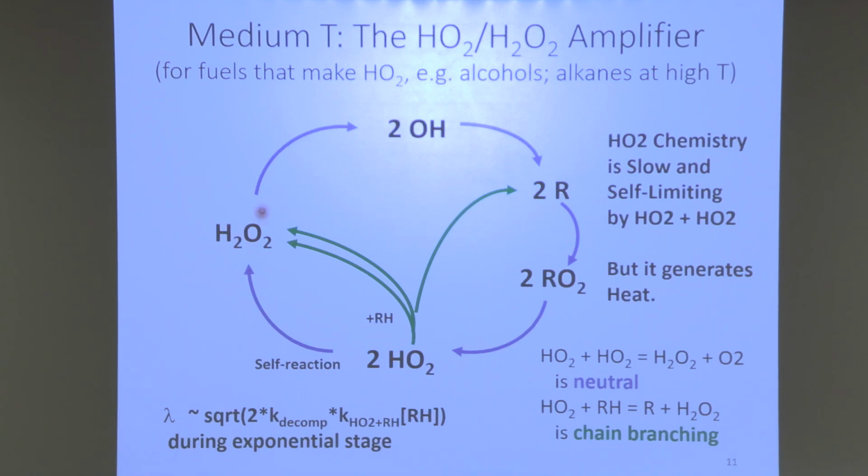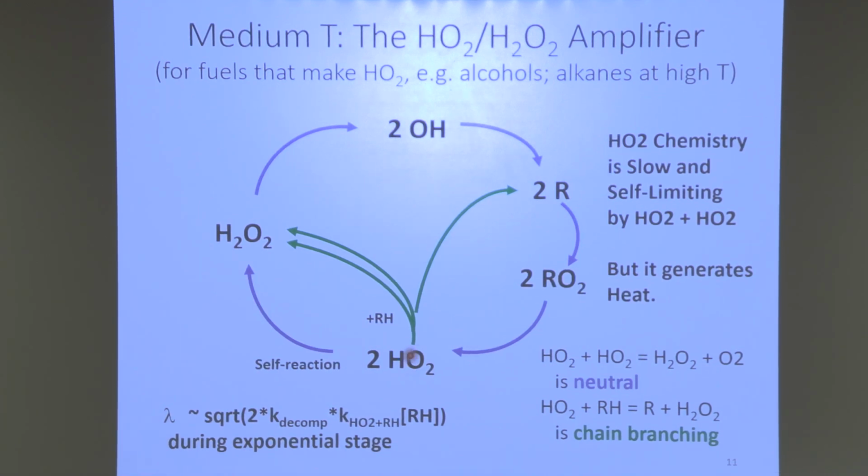If you go around the blue cycle, it's neutral. It doesn't make more radicals. You have two radicals in, you get two radicals out, they make two more radicals, these guys make two radicals. So this is like a neutral cycle that's running all the time, but it doesn't affect how many radicals you have. You sort of get in a pseudo-steady state of all these guys existing together.